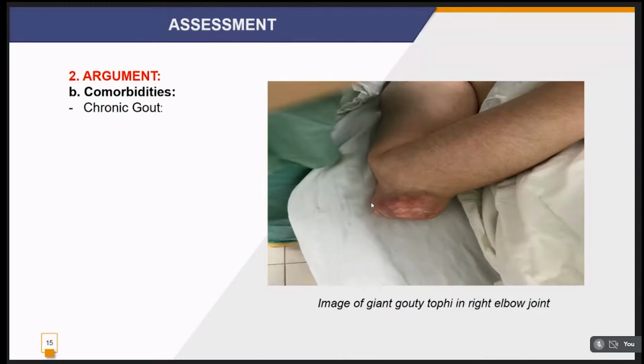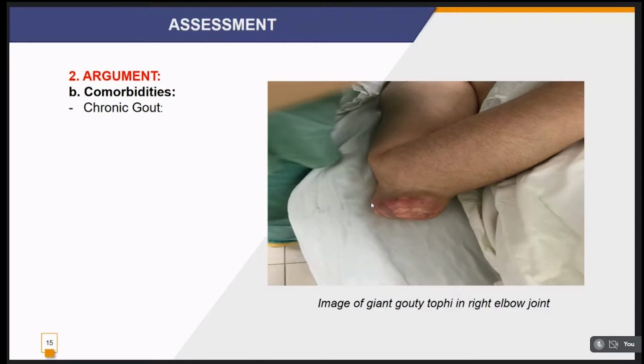So we need to examine the patient again, but we can see a gigantic tophus in the right elbow joint. So I think that this is chronic gout.